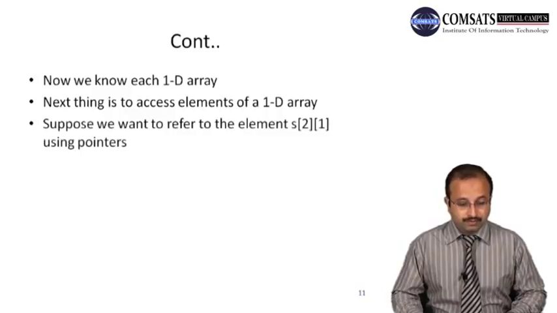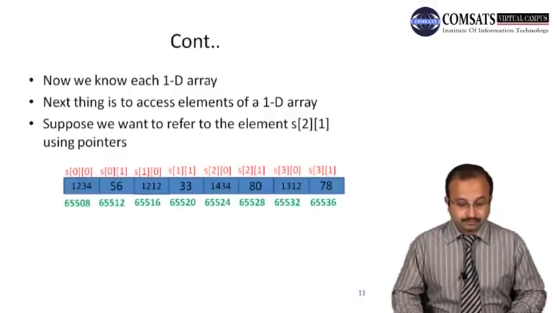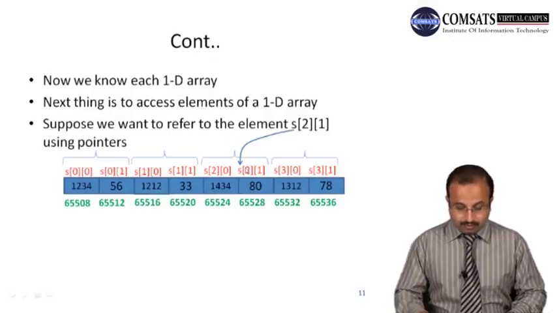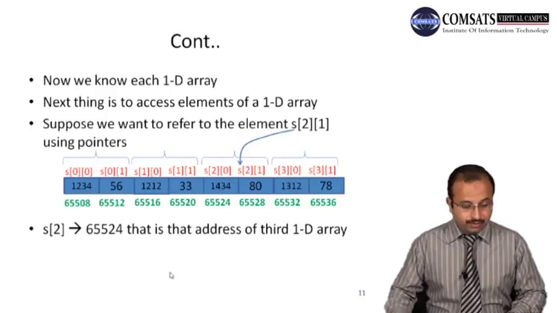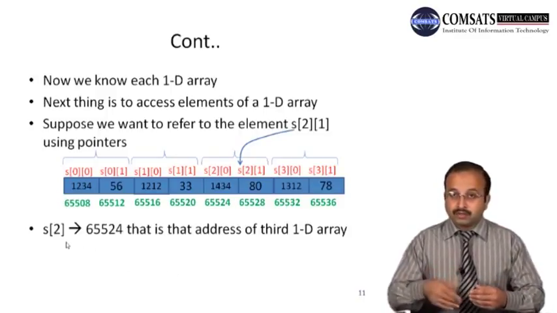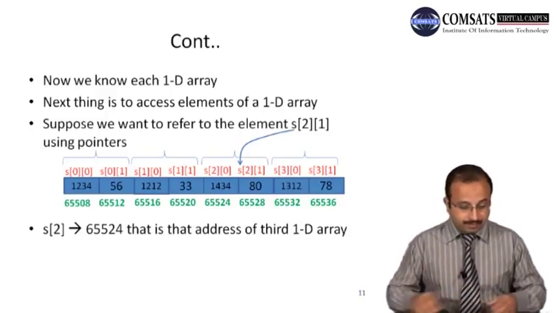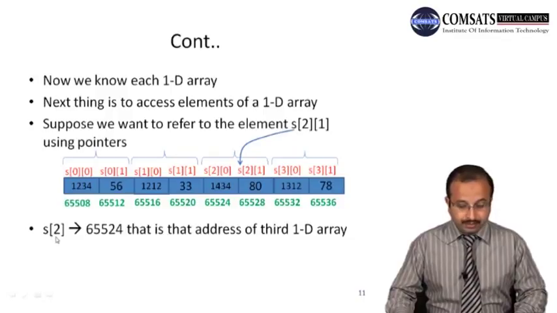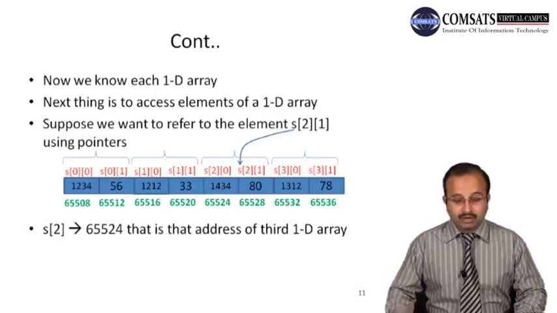So suppose we want to refer to the element S21 using a pointer. So that is this element. So we can write it like S of 2, and we will go step by step. S of 2 gives the base address of the third one dimensional array.